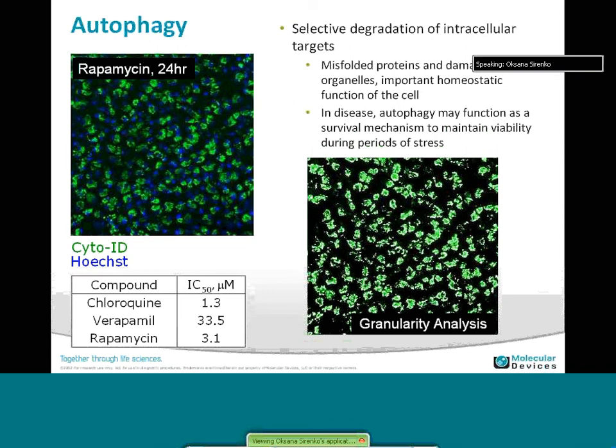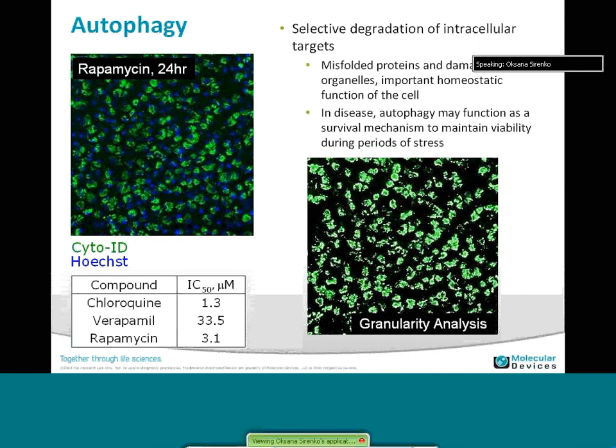For this assay, we use Cyto-ID, autophagy dye from Enzo company, and this dye actually goes into vesicles and turns bright green when autophagy pathways are activated.